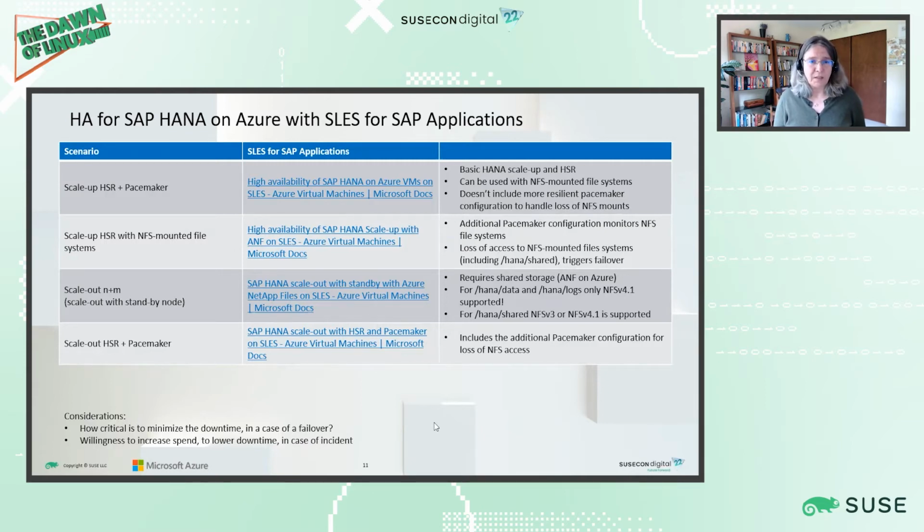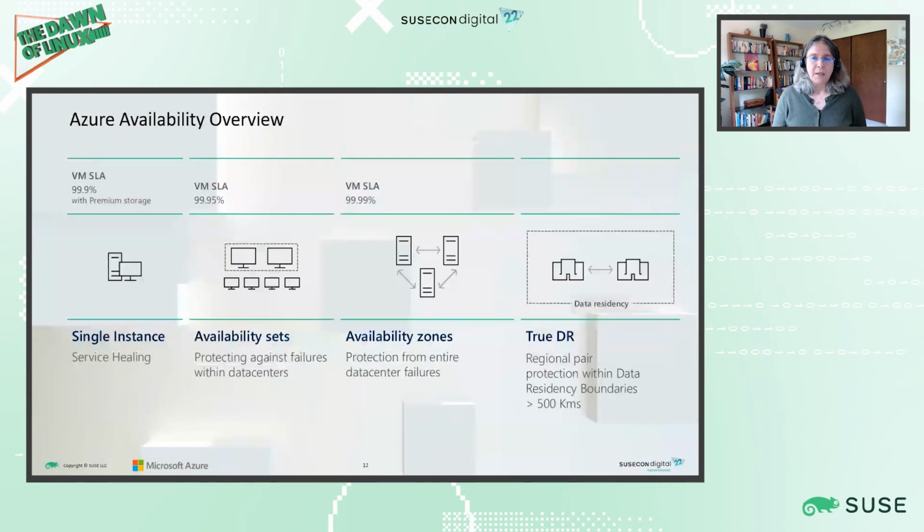So when you're weighing the pros and cons, it boils down to answering a couple of questions: how critical it is for your application to minimize the downtime, and what is the appetite to spend more in order to achieve this faster failover for HANA scale out.